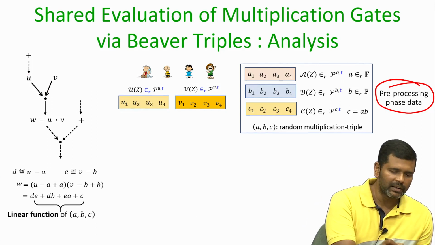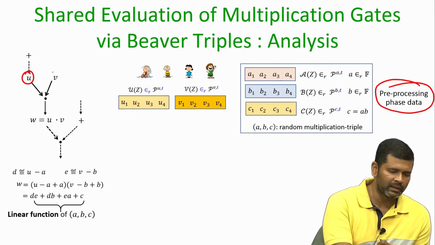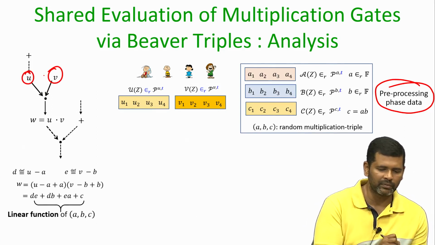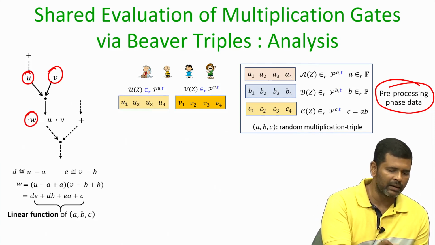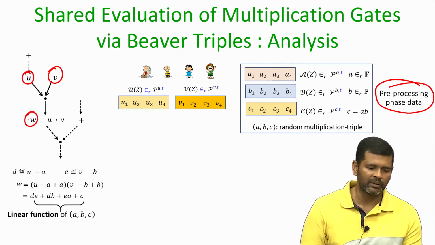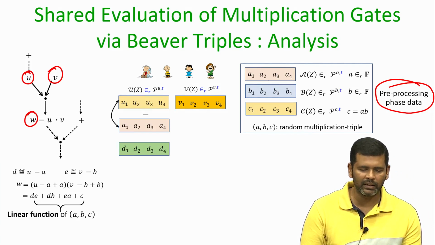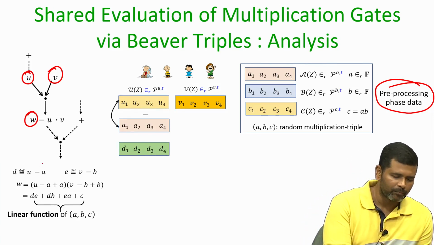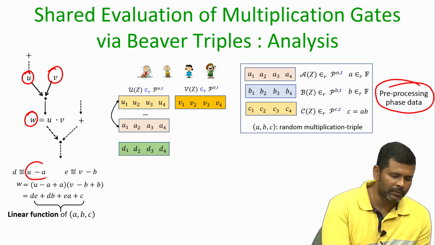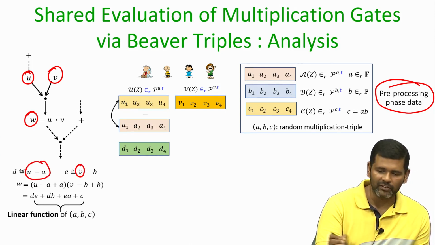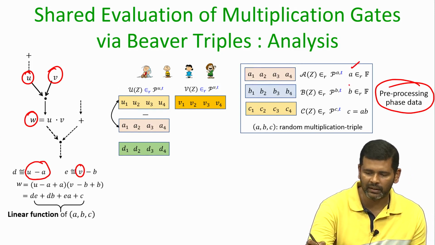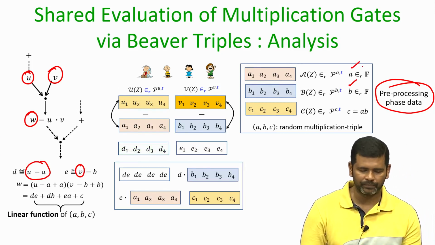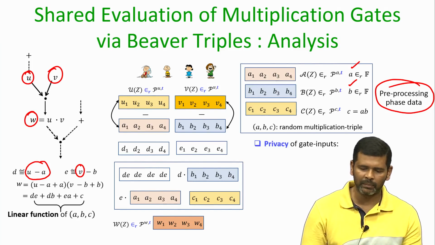The goal of the parties is the following: if they have their respective shares of u and their respective shares of v lying on t degree random polynomials, they would like to have their respective shares of w lying on a t degree polynomial. For that, they compute the one time pad encryption of u and v as per the secret shared a and secret shared b and make it public, and then they compute the linear combination.